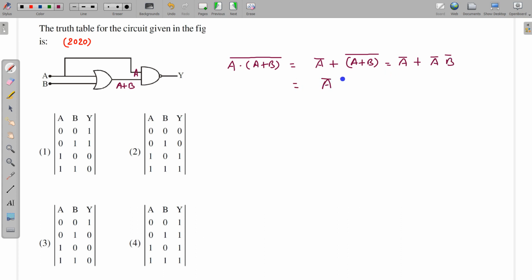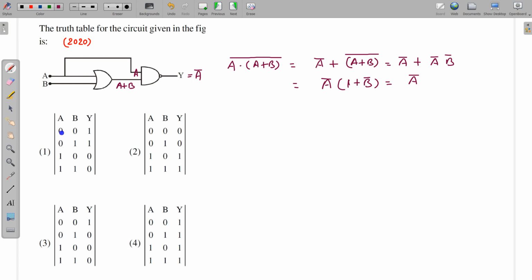We can take A bar as common, so this is A bar times (1 plus B bar), and this 1 plus B bar is obviously equal to 1, and finally we will have A bar. So this Y is equal to A bar, so this operation is a NOT.